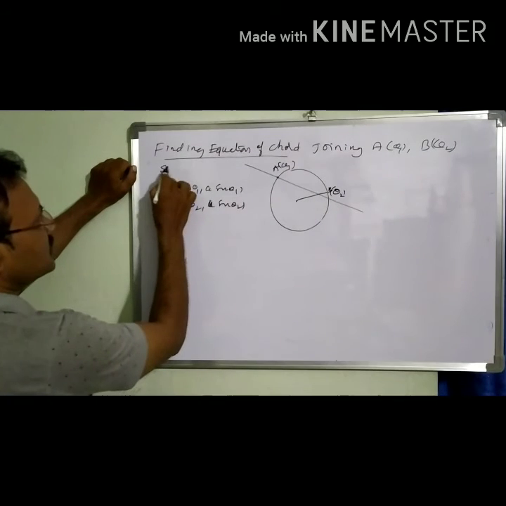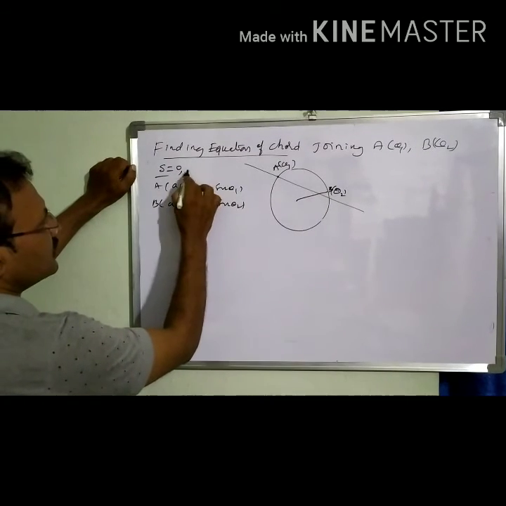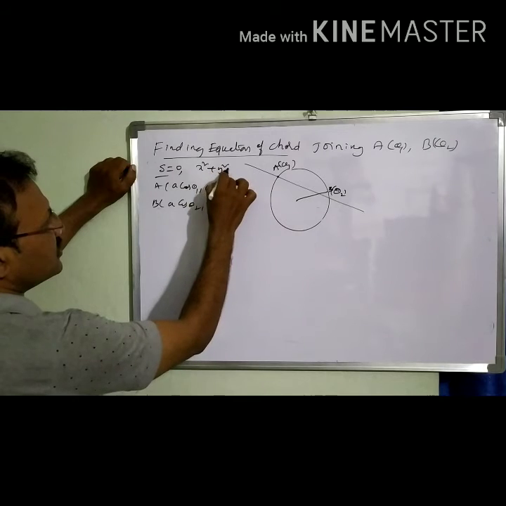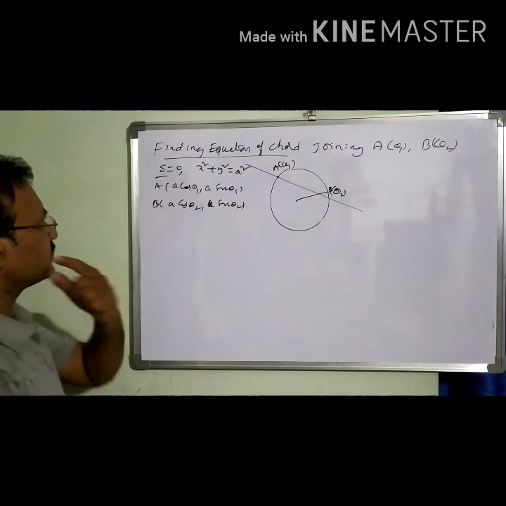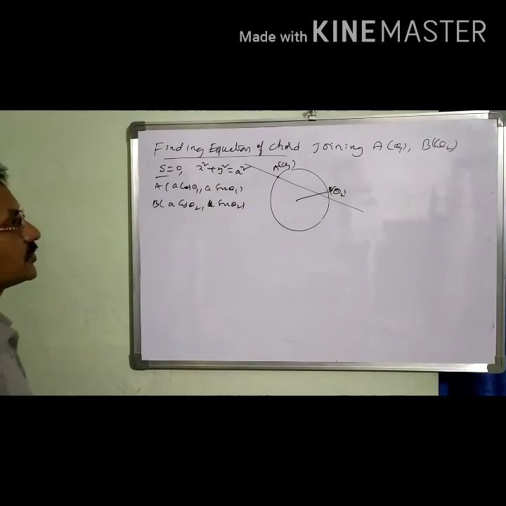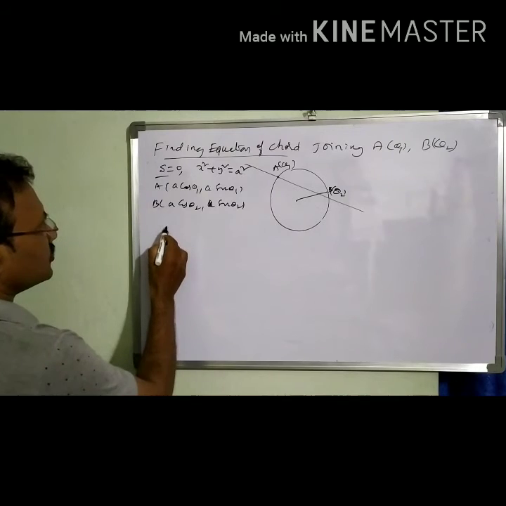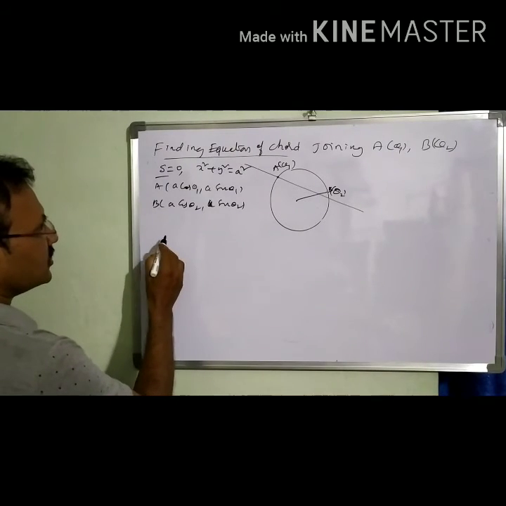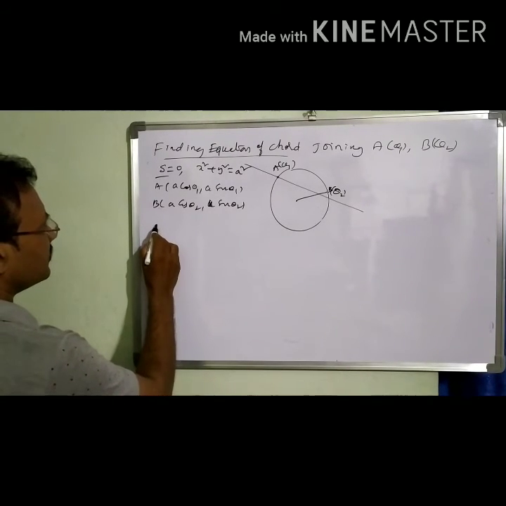Suppose S equal to 0 is the circle, x square plus y square is equal to a square. So these are two points. Then the equation of AB.